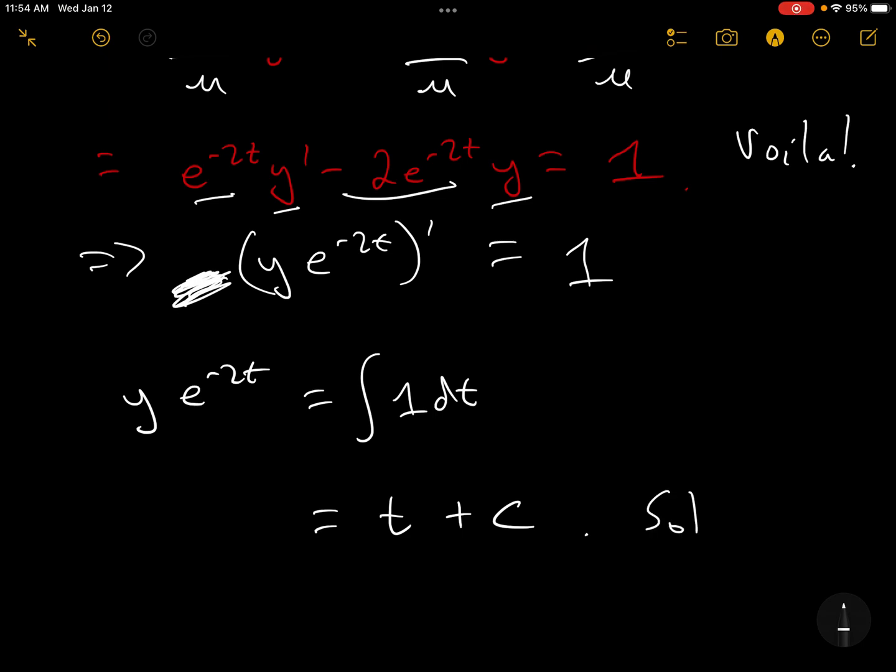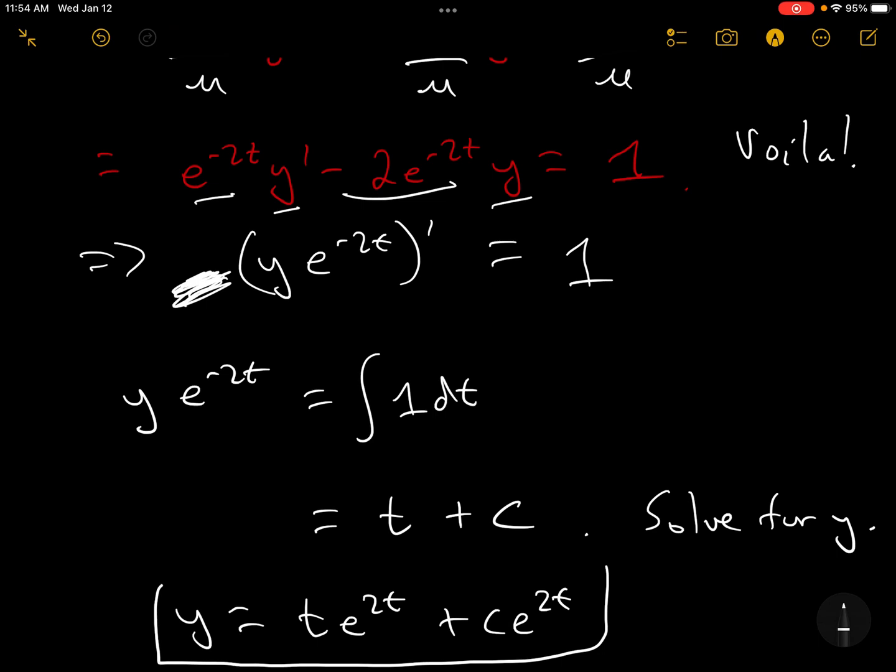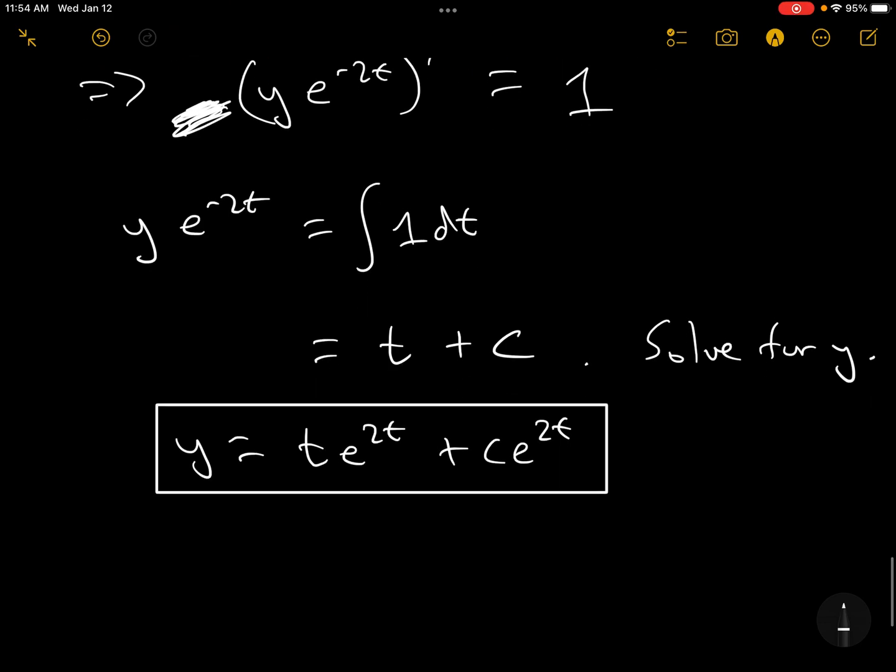And lastly, solve for y. So you have y equals t e to the 2t plus c e to the 2t. And this is the general solution.